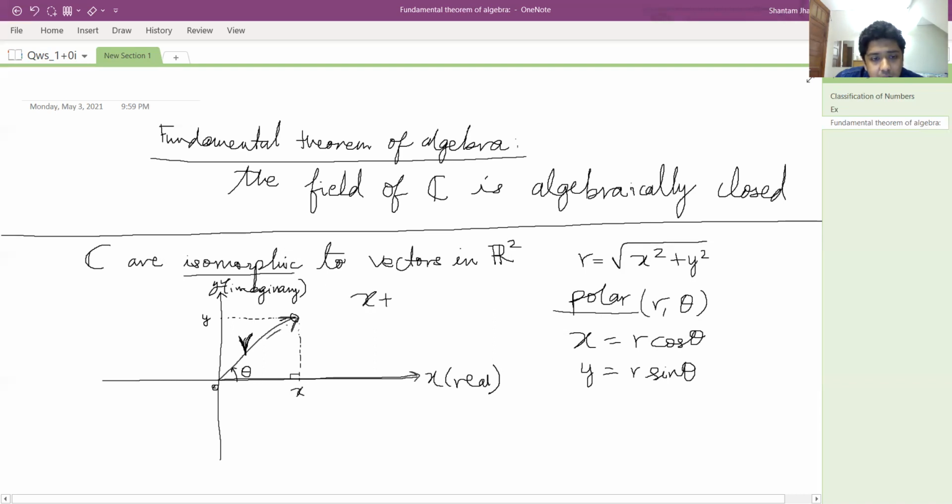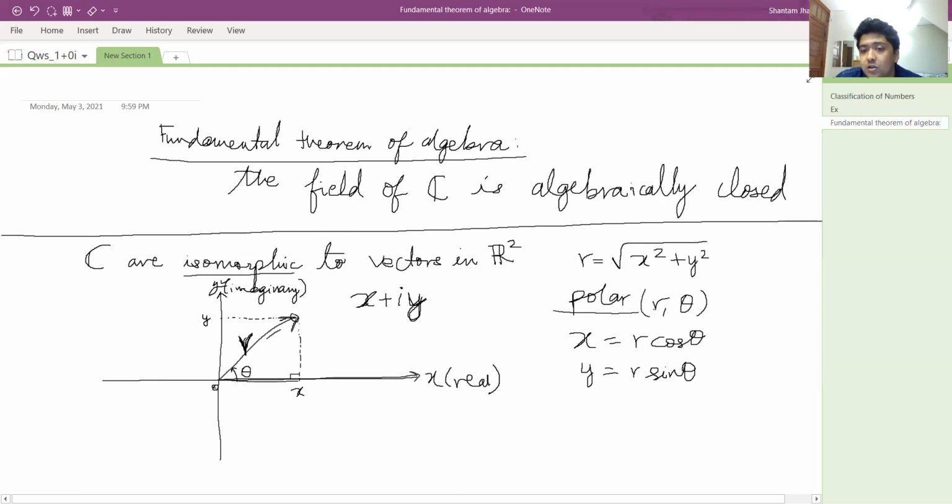This vector can be represented as x plus iy, because I have x units in the x direction and y units in the i direction, right? Remember, this is the imaginary axis. So this x plus iy is the Cartesian representation of this vector.